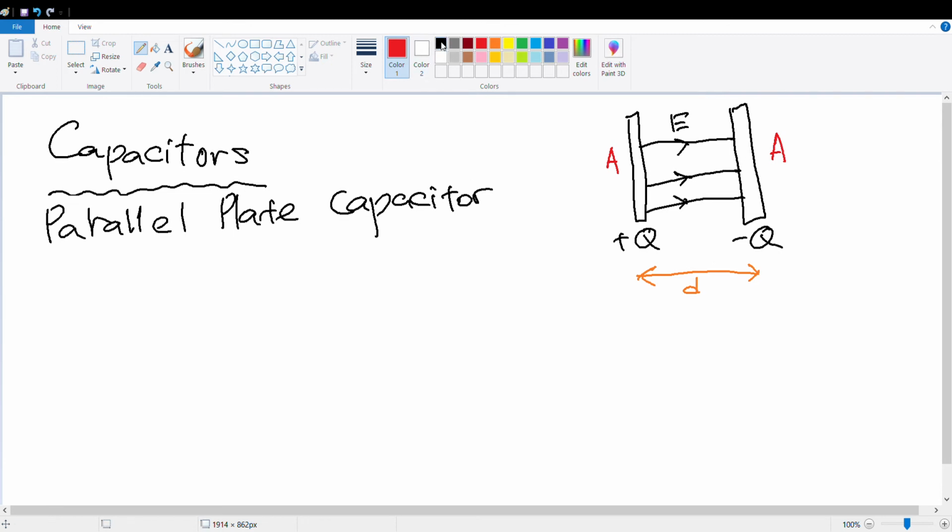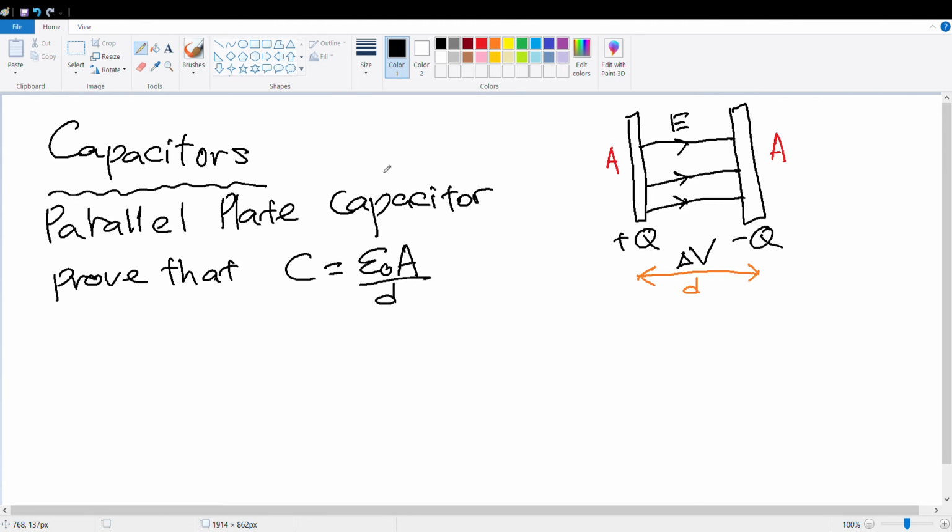Since there is an electric field strength, it proves that there is a potential difference across the two plates. Alright, so what we need to do is prove that C is equal to epsilon naught, which is the permittivity of free space, multiplied by the cross surface area of the plates, which is A, divided by D.